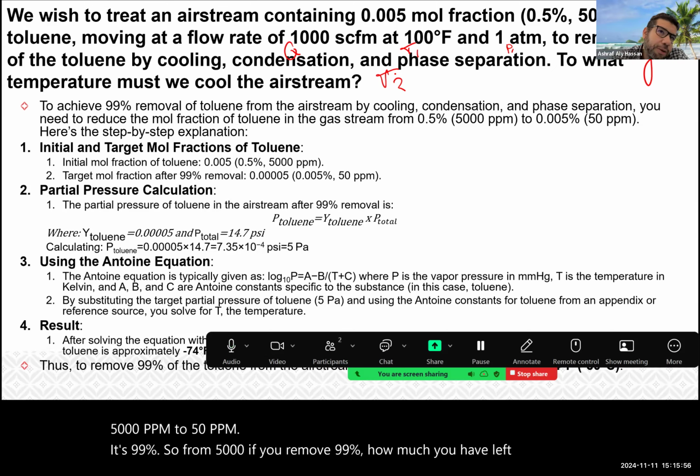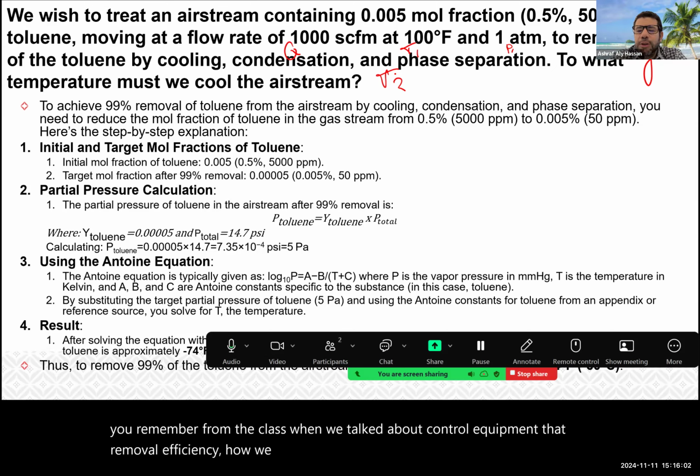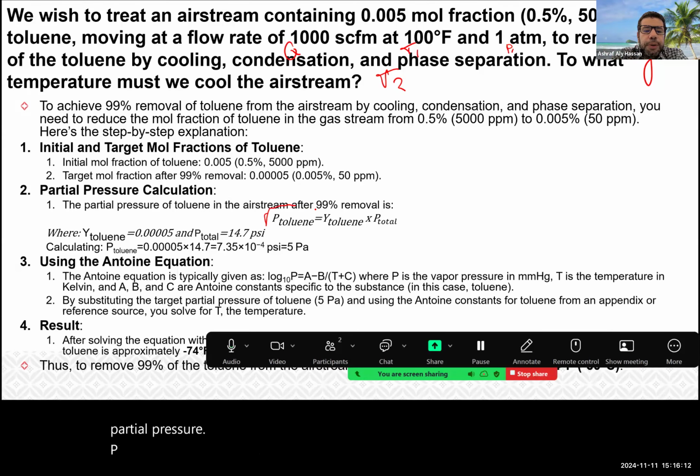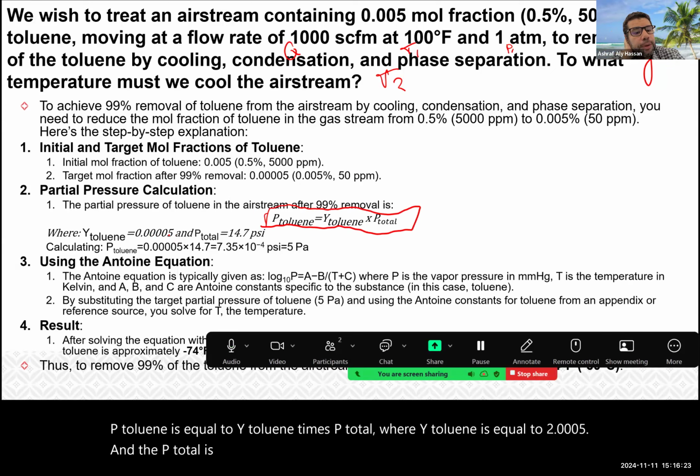Remember from the class when we talked about control equipment, how we calculate removal efficiency versus retention and so on. Here is the step-by-step explanation. The initial mole fraction is 5,000 ppm. The target is 50. The partial pressure, P toluene, is equal to Y toluene times P total, where Y toluene is equal to 0.0005, and the P total is 14.7 psi.